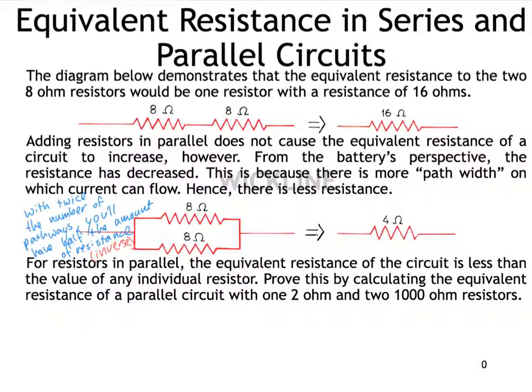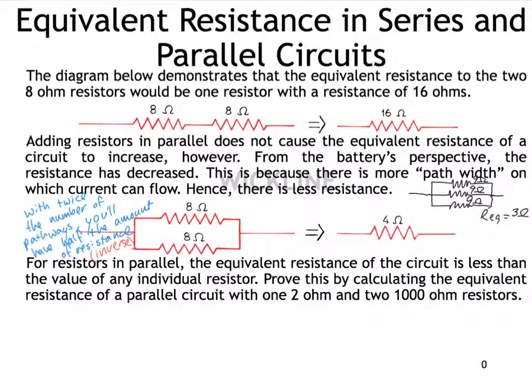If you had 3 resistors at, let's say, 9 ohms each, as you have in this diagram, then you would take the 9 ohms and divide it by 3 to get an REQ, or equivalent resistance, of 3 ohms, because 3 pathways would be 1/3 the resistance. If it were 4 pathways, it would be 1/4 the resistance. But to do this trick, you do need to have resistors that are all the same value.